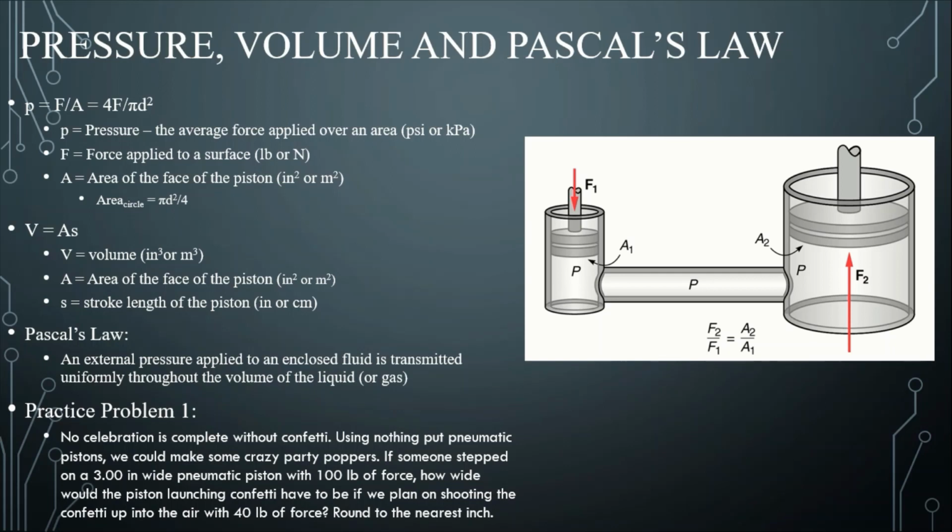If there was a connected piston and we wanted to have that piston push up with a force of 40 pounds, how big would we need to make the piston? I need you guys to round up to the nearest inch so that we don't have some crazy number like, I don't know, 2.67 inches. So I'll let you guys do this, and whenever you're ready, you can resume the video and I'll show you how to do it.